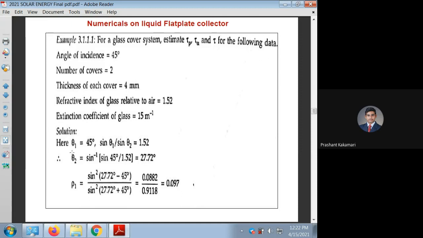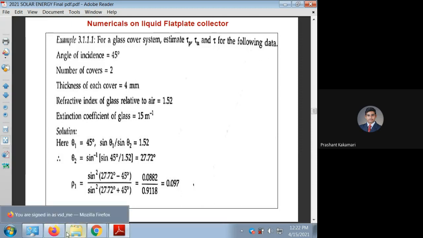Now rho 1, as I told you, is given by sin square of theta 2 minus theta 1 divided by sin square of theta 2 plus theta 1. Using these values, I get 0.097, the reflective component after the light passes through one glass cover, or first medium.